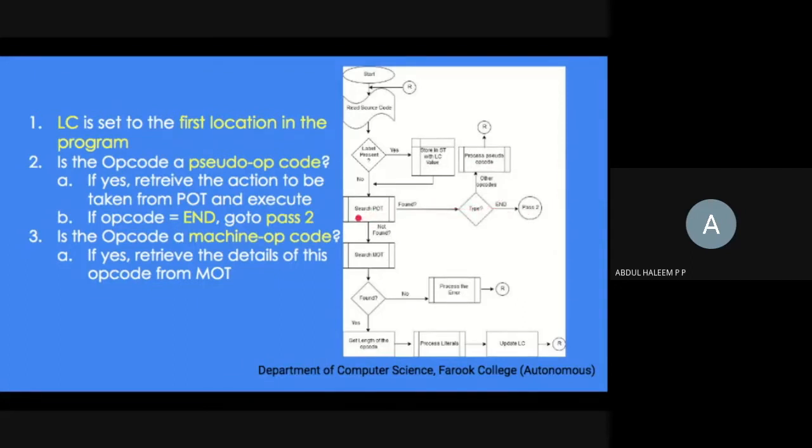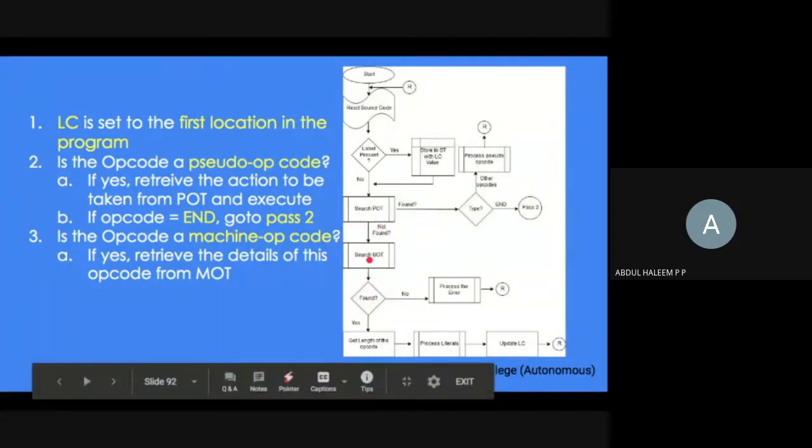Now suppose the given code is not a pseudo opcode. In that case, it will check whether it is a machine opcode or not. How is it checked? The given machine opcode will be searched in the MOT.